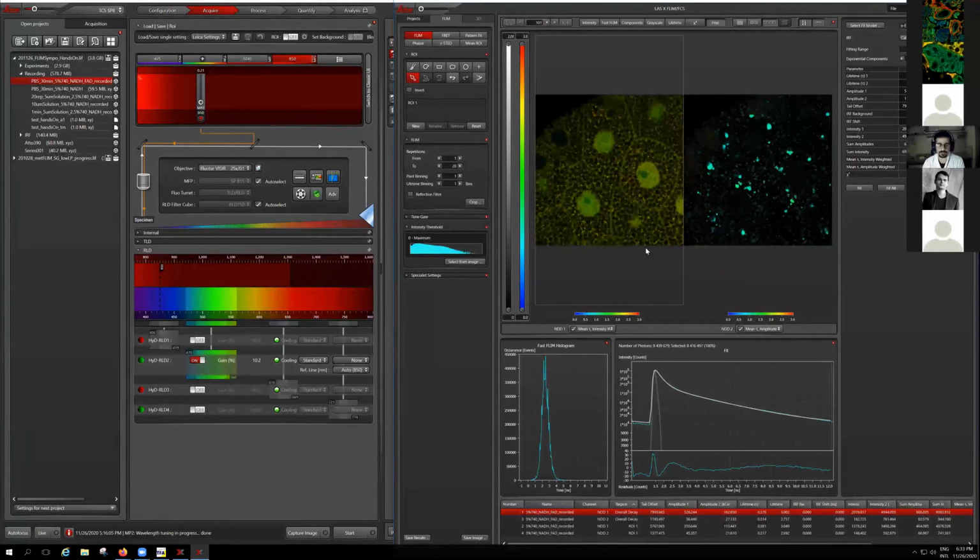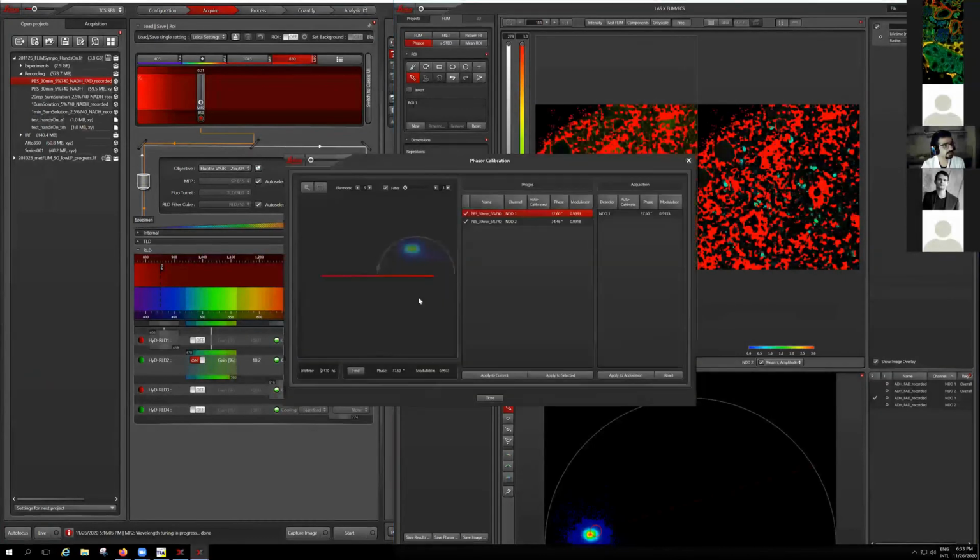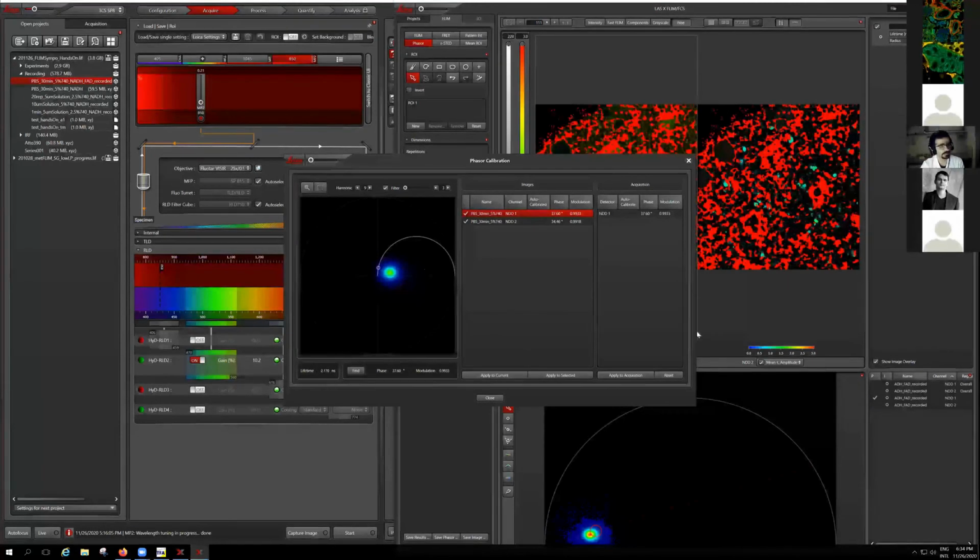It's not only calibration, I'm sure you know that. You can calibrate the phasor plot using an exponential dye solution. So here, if I load data from a mono-exponential decaying fluorophore, then I can try to calibrate the phasor plot by finding the phase and the modulation to adjust it to sit perfectly on the semicircle, and then use that for further analysis and further acquisition.